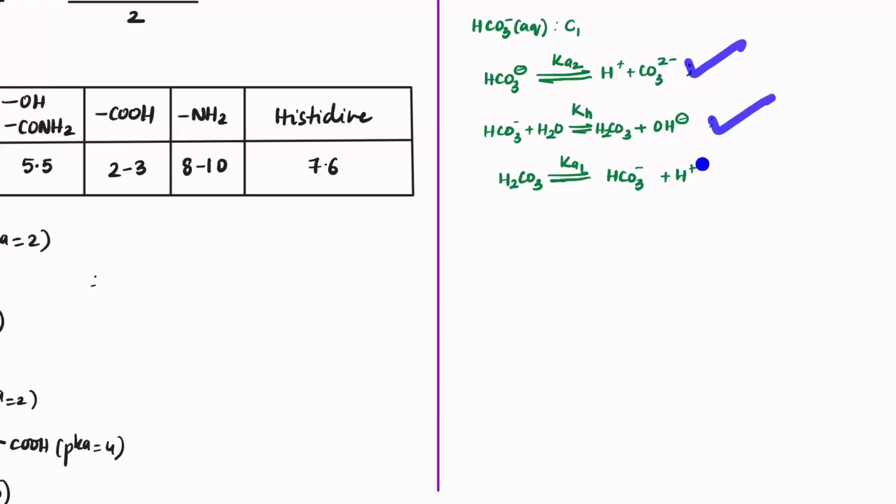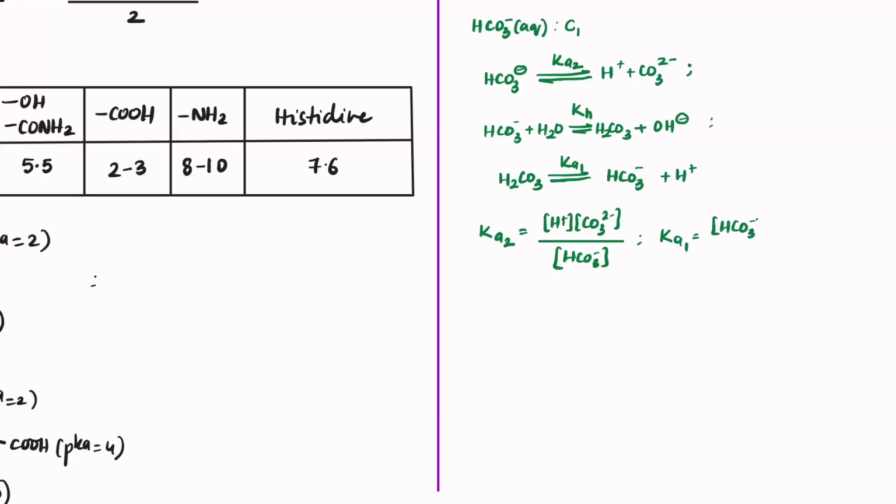Ka2 is defined as H+ concentration times CO3 2- concentration upon HCO3- concentration, while Ka1 is HCO3- concentration times H+ concentration divided by H2CO3 concentration.